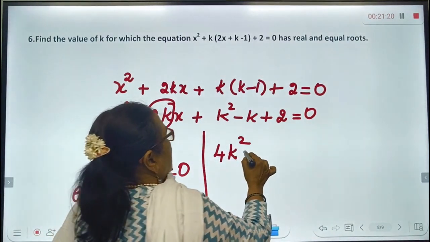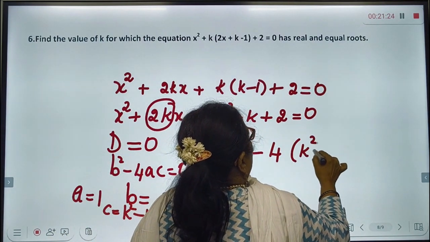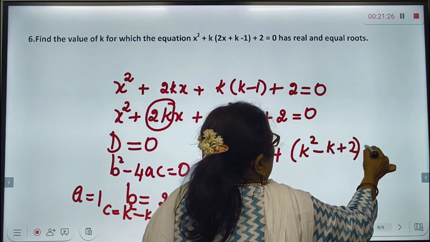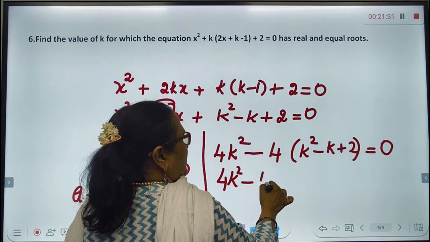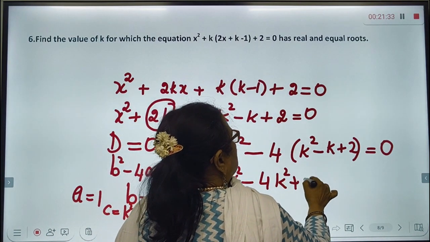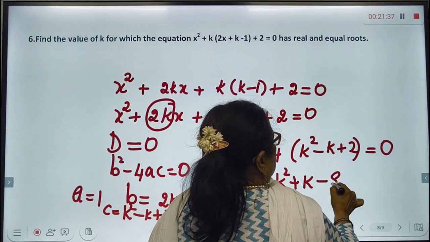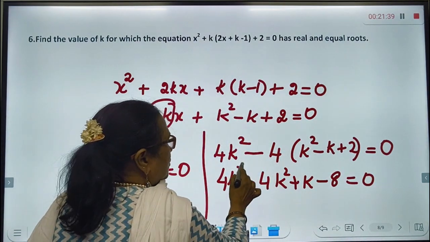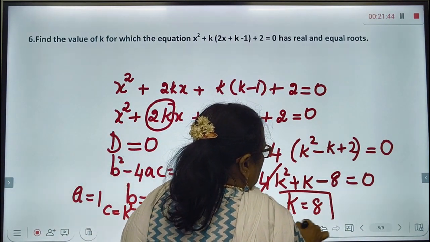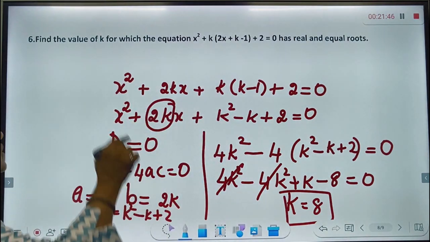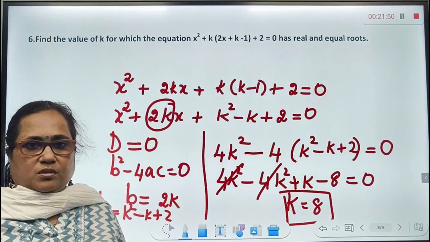So b square minus 4 into a is 1, c is k square minus k plus 2 is equal to 0. So 4k square minus 4k square plus k minus 8 equal to 0. k equal to 8. So if k is 8, the given quadratic will have real and equal roots.